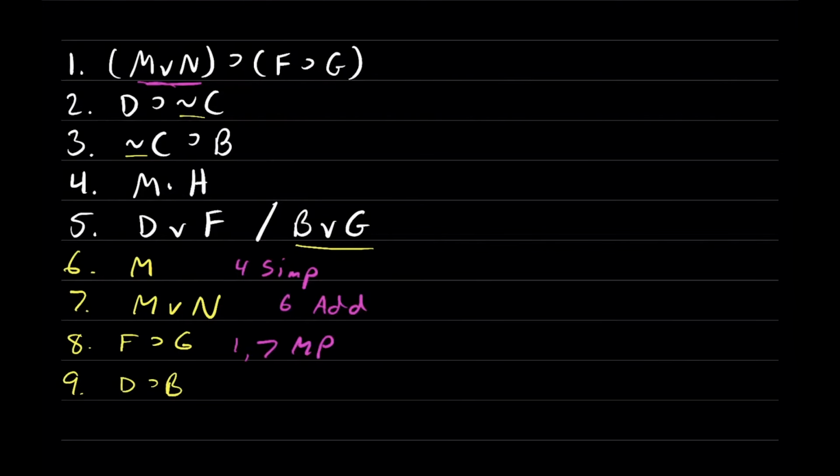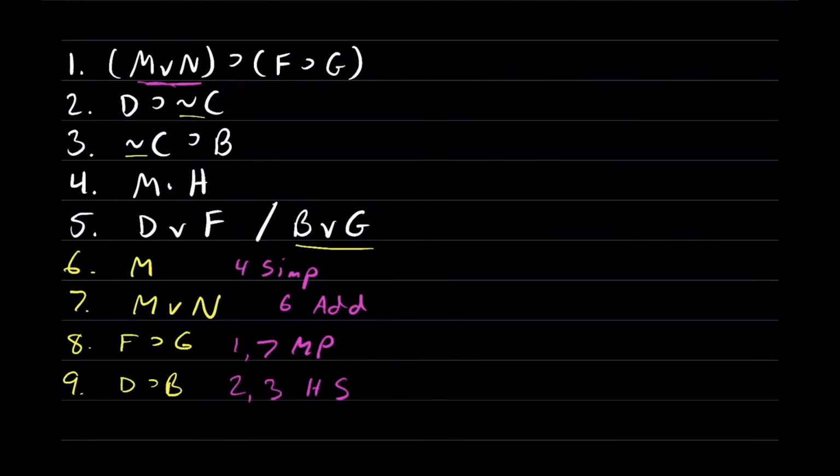Basically, with two conditionals, the antecedent of one is the consequent of the other, so you have a middle term. That's going to follow from lines 2 and 3 by hypothetical syllogism. Okay.